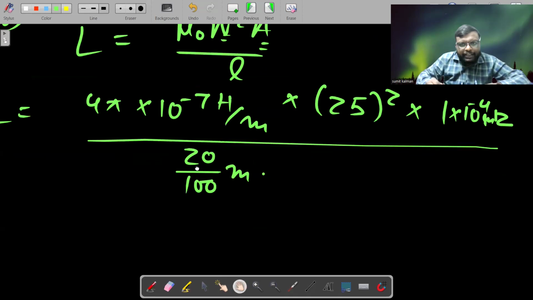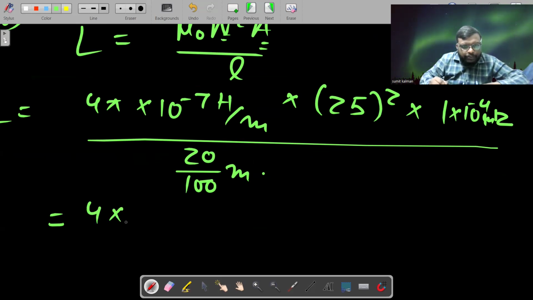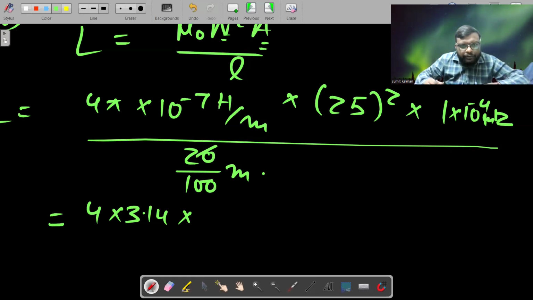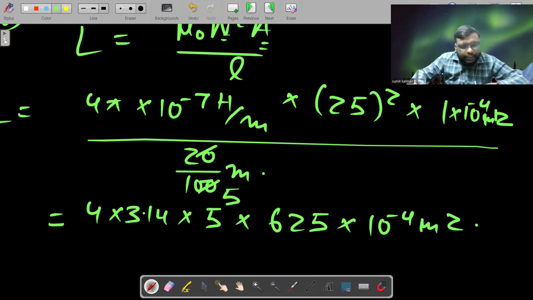Students, we'll proceed for the next step. In the next step, here it will become 4 pi, so 4 into 3.14, and if you simplify this, here it will become 5, and students, 5 will go in numerator, so 5 into 625 into 10 to the power minus 4 meter square.